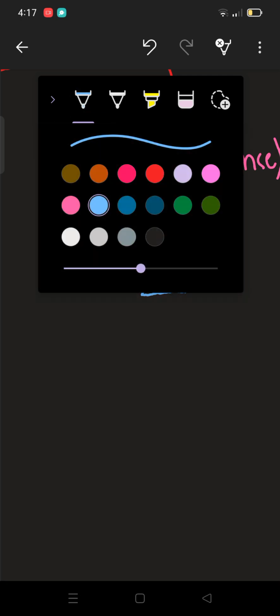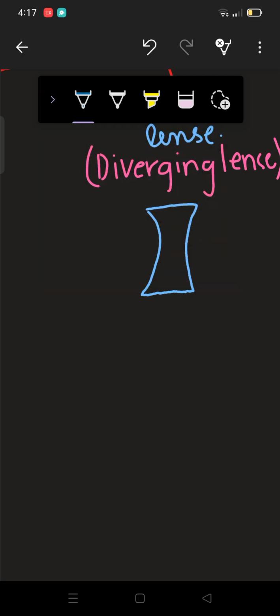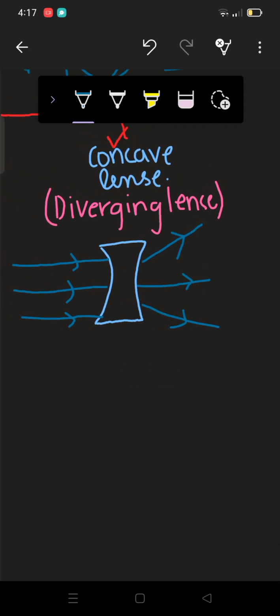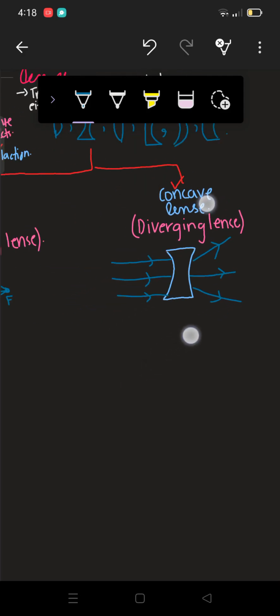Here if the object is placed at infinity and the lines are parallel, it will diverge these lines. That's why it is known as a diverging lens. A concave lens diverges parallel rays of light, hence it is known as a diverging lens.